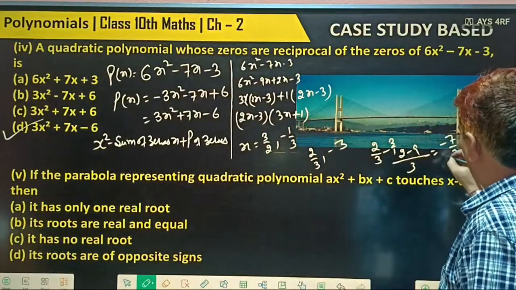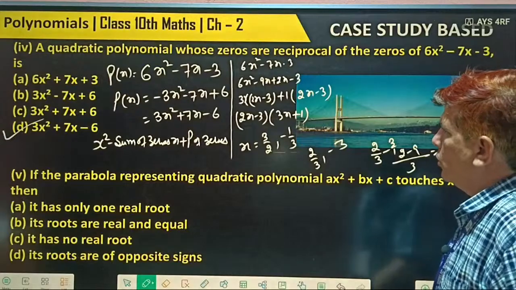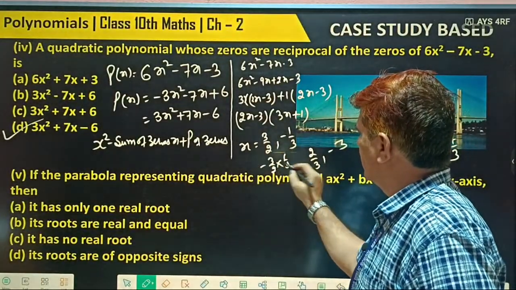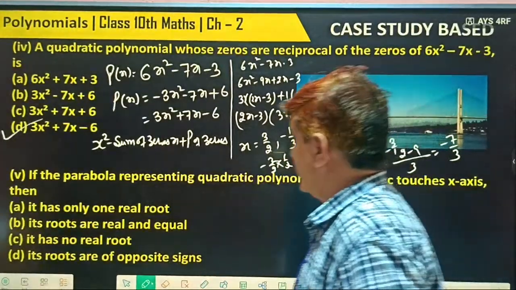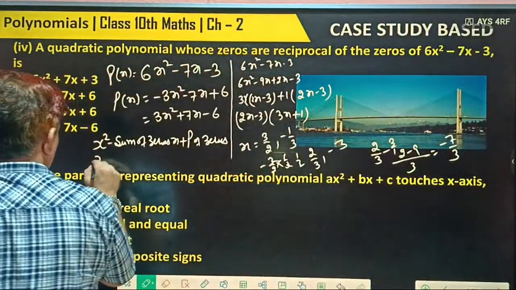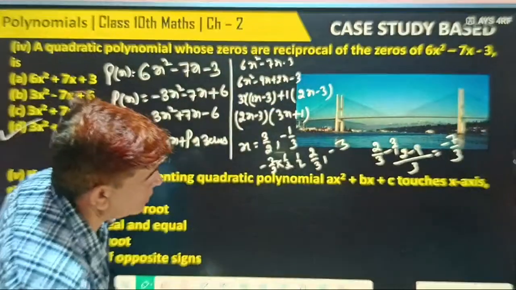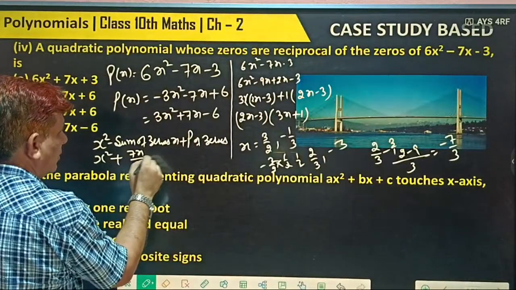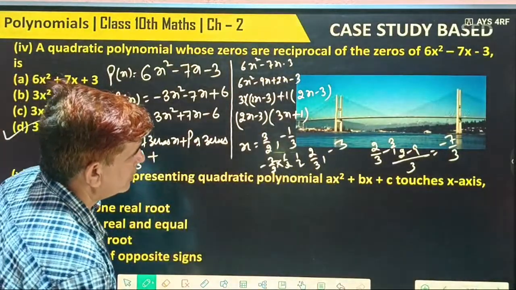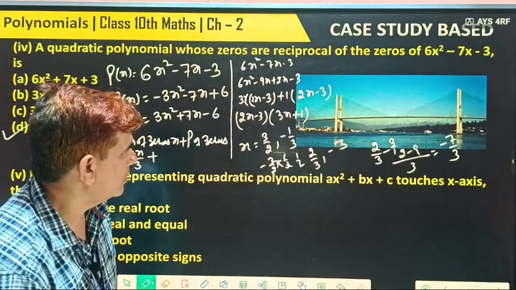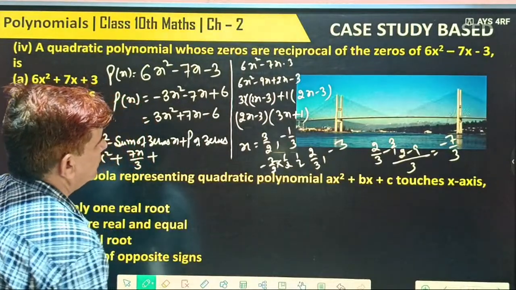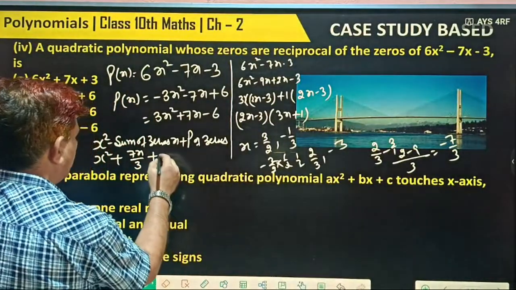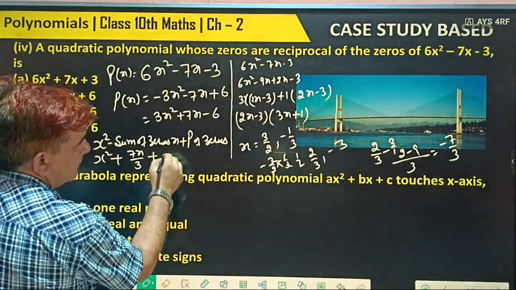Minus 7 by 3. Product of the zeros, 3 by 2 into minus 1 by 3, is minus 1 by 2. So write x square, minus the sum of the zeros, plus 7x by 3, plus the product of the zeros.